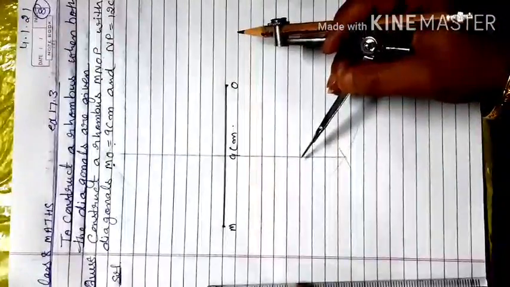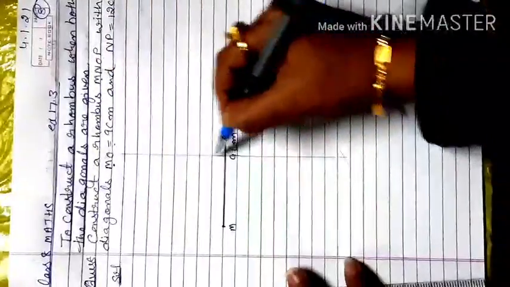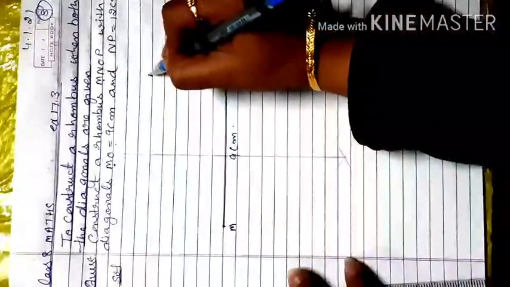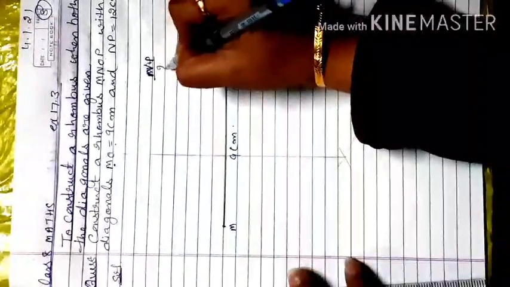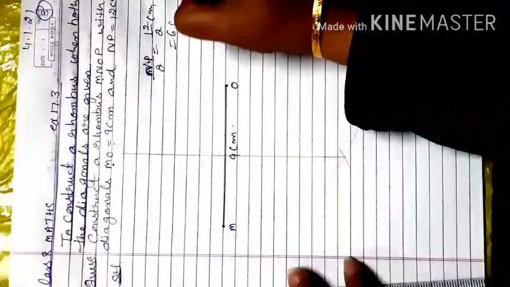Okay, but this is another diagonal, and that diagonal length should be 12 centimeter. If it is 12 centimeter, that means the upper side of this MO should be half of NP, because diagonals bisect each other. Half of NP, 12 by 2, is equal to 6 centimeter.